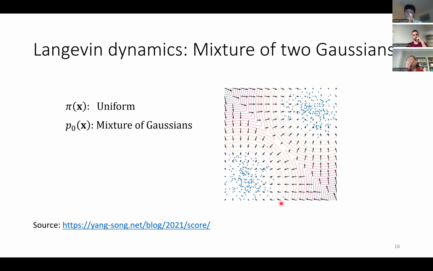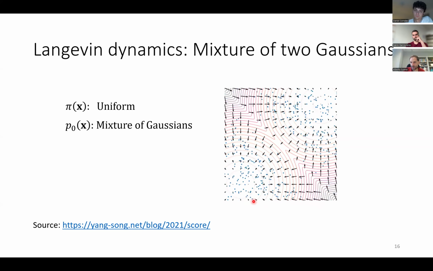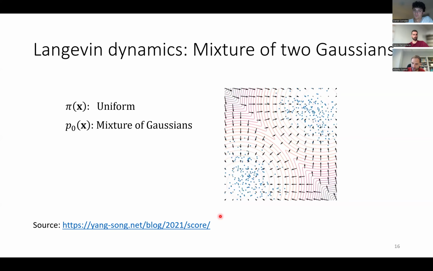Now, if you want to make a connection with images, this would be an image with 2 pixels. Okay, so the intensity of the first pixel is encoded by the horizontal coordinate, and the intensity of the second pixel is encoded by the vertical height.